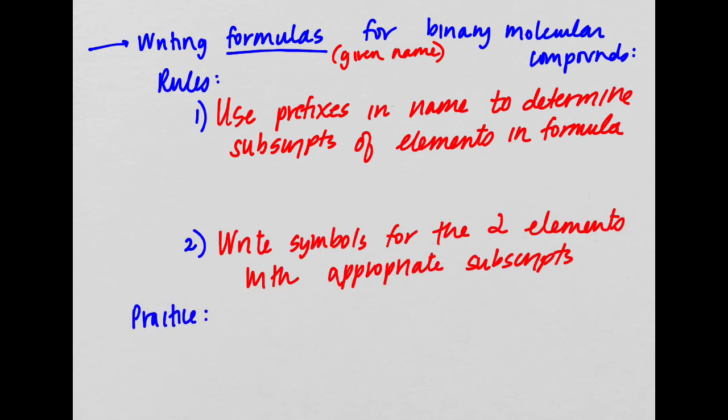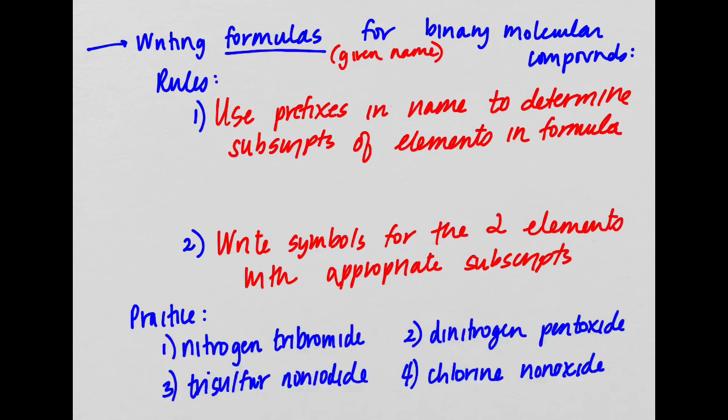Let's look at some examples here. I'm going to just write some examples. Alrighty, so we have nitrogen tribromide. So nitrogen, that's easy. Because this doesn't have a prefix, there's no subscript for nitrogen, right?